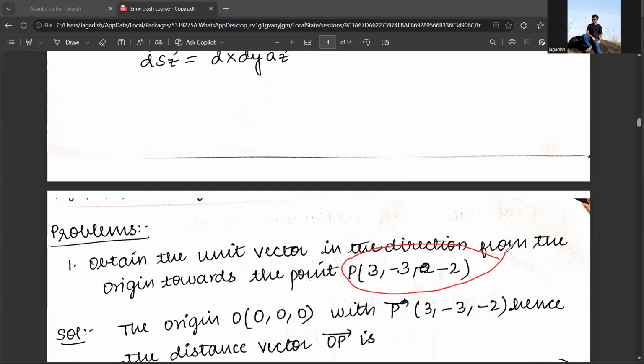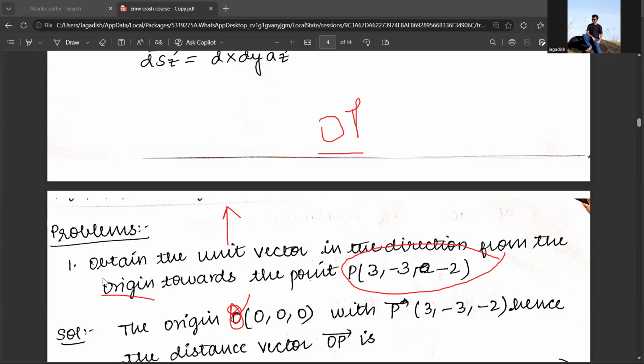They have asked you to find the unit vector OP. The starting point is O and the terminating point is P. If it is from the origin, all of x, y, z will be 0. You can differentiate the letter O from zero by putting a circle. So O is (0, 0, 0) and P is (3, -3, -2).